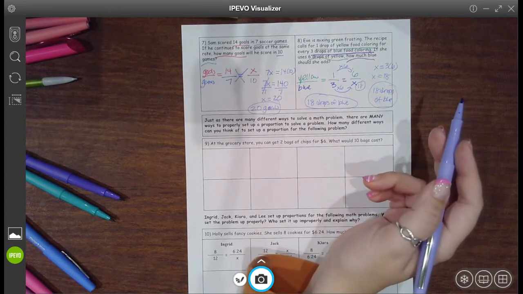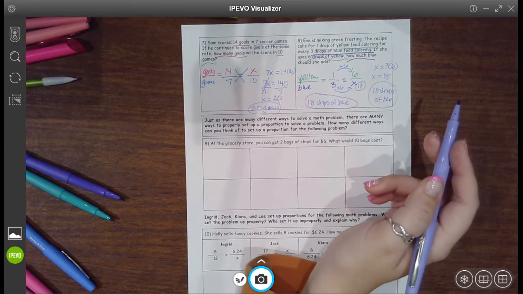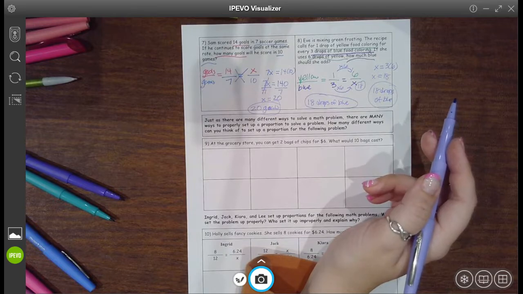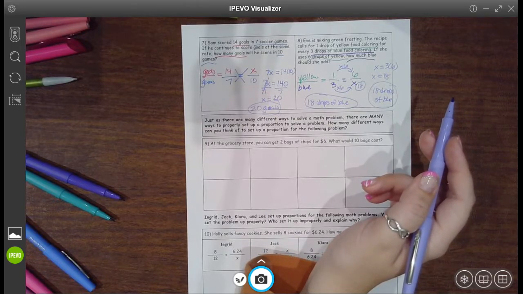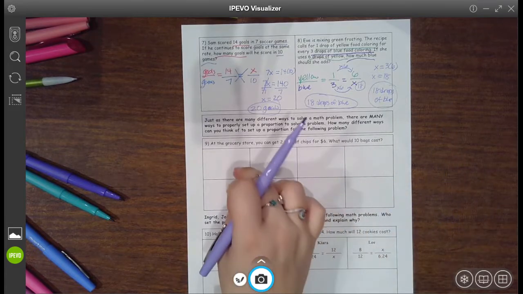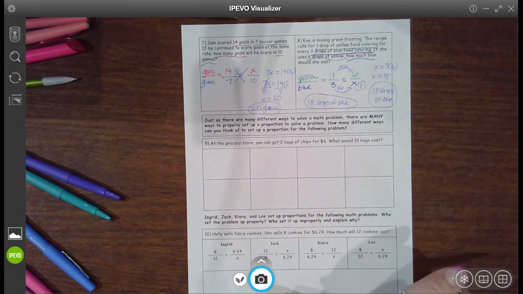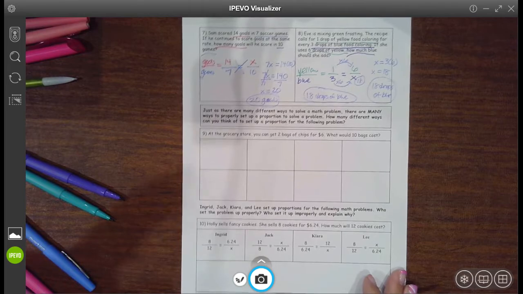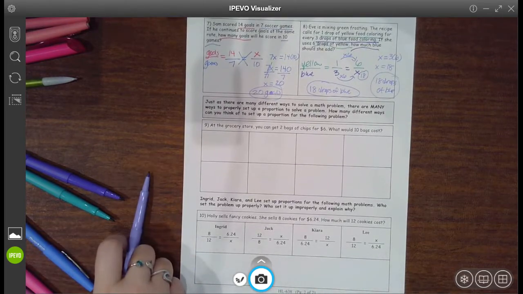To me, that just makes the most sense. But there are actually a lot of ways to set up a proportion. Now, there are wrong ways to set up a proportion as well, but there are lots of different ways. There are usually, in fact, 2, 4, 6, 8 different ways to set up a proportion correctly, as long as you're consistent. So let's show you for this problem right here.